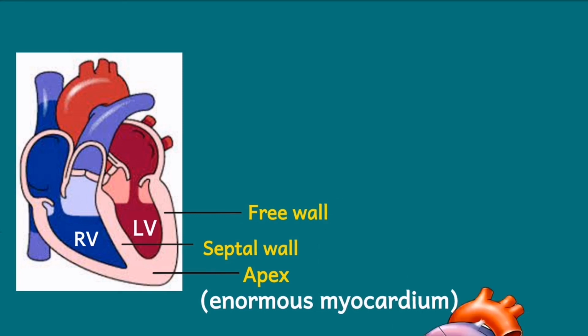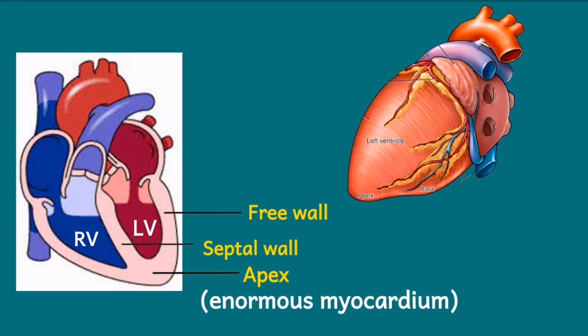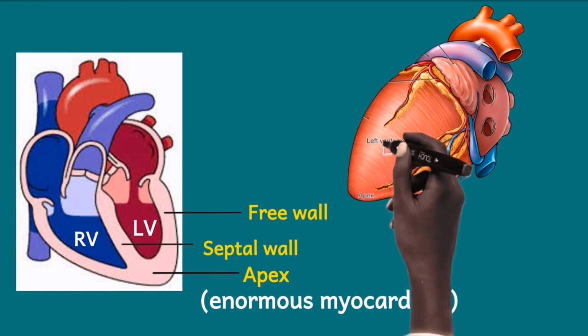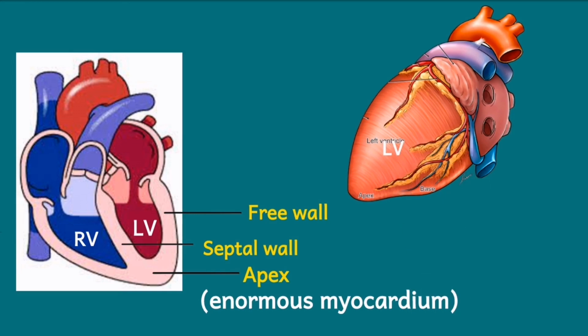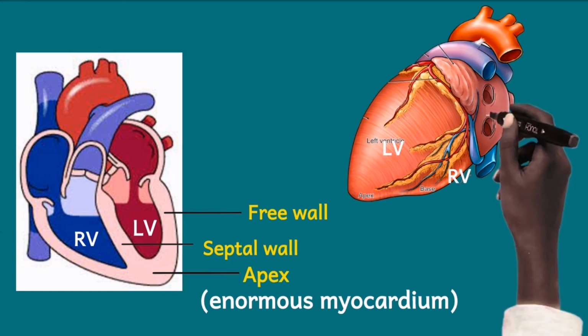Now, this is a diagram where the heart has not been sectioned longitudinally to show the chambers, but it shows the walls of the heart. And so, let's get the orientation here. This here is the left ventricle, and this is the right ventricle. How did I know the demarcation? Because of the vessels here. And here we have the left atrium.